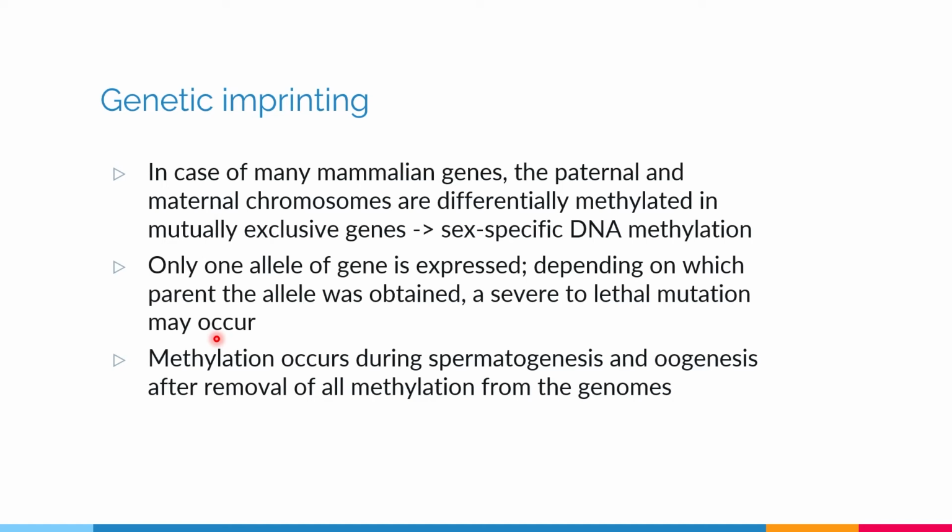So what happens is, if the maternal copy is mutated, even though there is a perfectly fine paternal copy that the new embryo is inheriting, because the maternal copy is the one that should have been active and functional, and it is mutated, the whole gene's function is lost, and thus we have a severe to lethal phenotype that occurs. Is that okay, or was that difficult to understand?